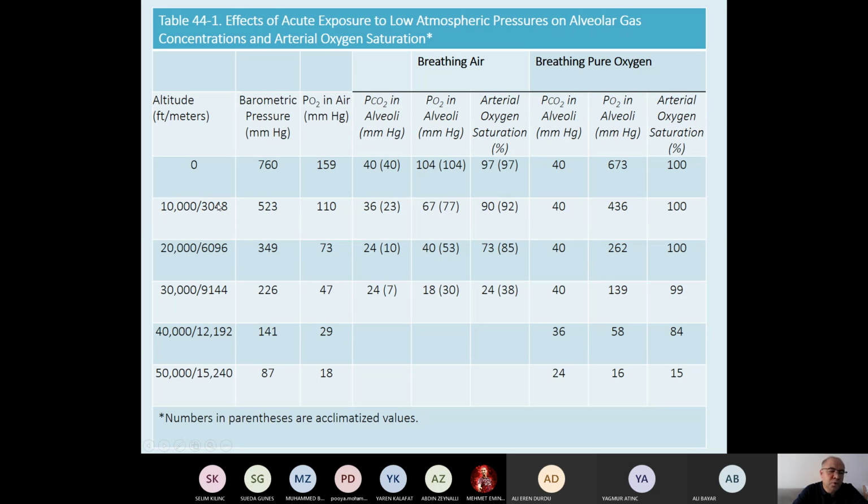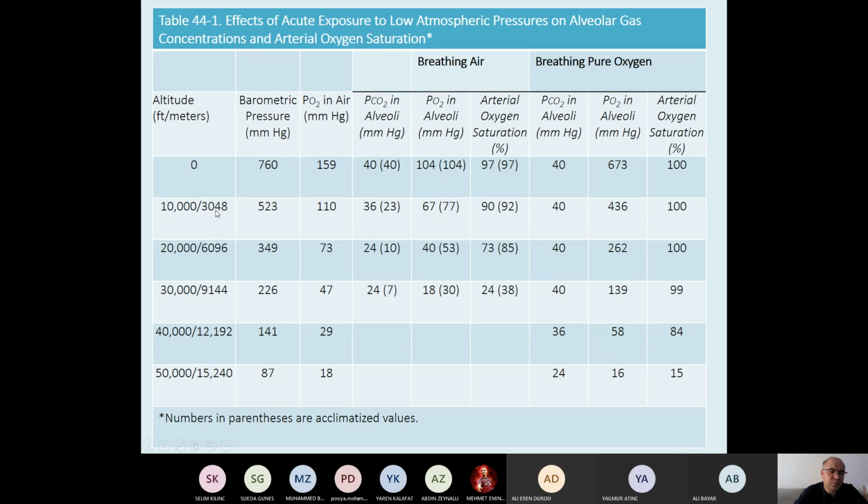If we go up 10,000 feet or 3,000 meters, then see what happens to the pressures. If we breathe air, as you see, oxygen in the air will go down. Total air pressure will go down.